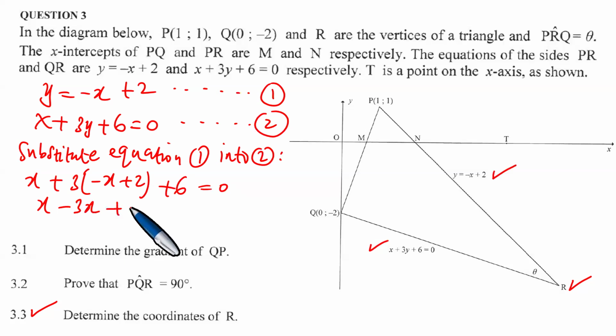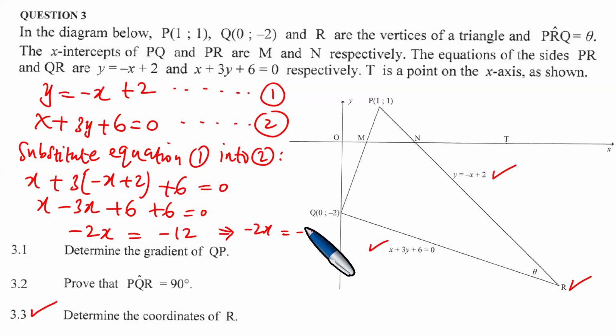Minus 3x plus 6 plus 6 equals 0. What is x minus 3x? It's minus 2x. Now, 6 plus 6 gives us 12. If you move it across, it becomes a negative 12. And so what we then have is minus 2x equals minus 12.